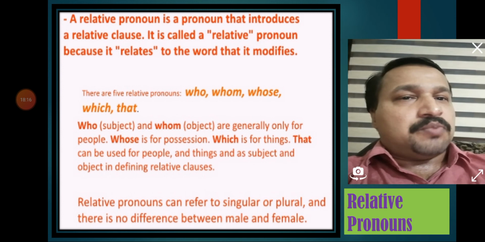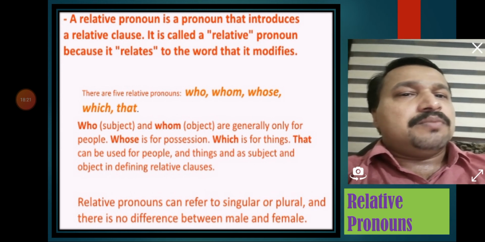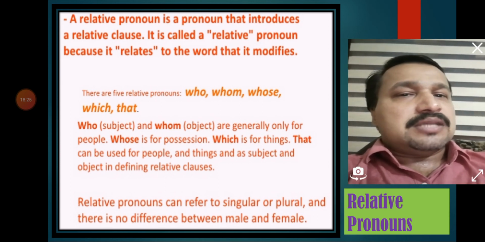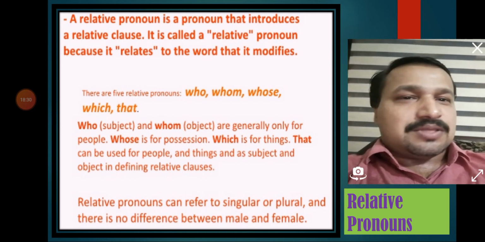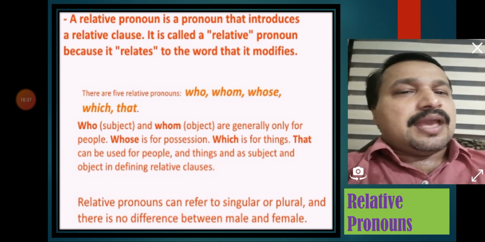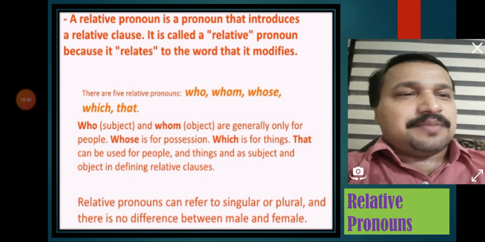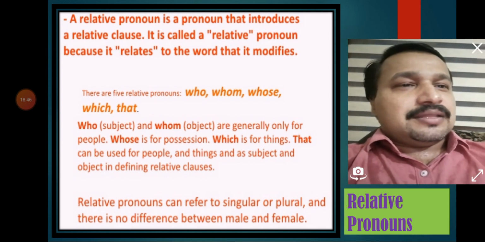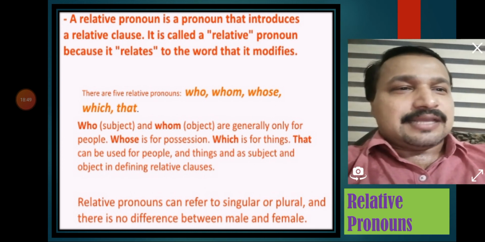Whose is for possession, which is for things, and that can be used for both people and things, and as subject and object in defining relative clauses. Relative pronouns can refer to singular or plural, and there is no difference between male and female. So relative pronouns have a speciality. They also do two functions at a time.